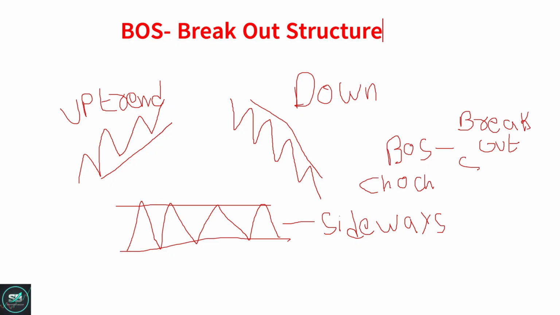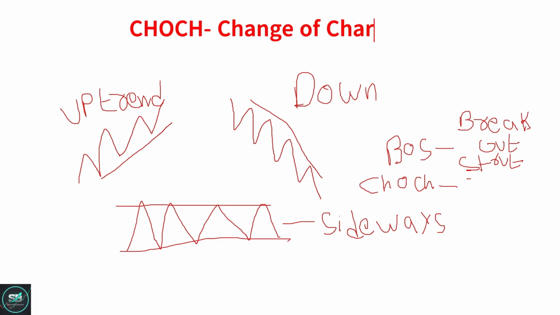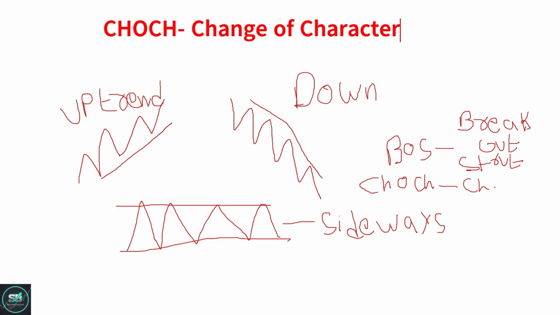When you will see the break of structure on the charts, and when you will see the change of character, CHOCH stands for change of character. So hope you understand this. BOS is break of structure, and CHOCH is nothing but change of character.